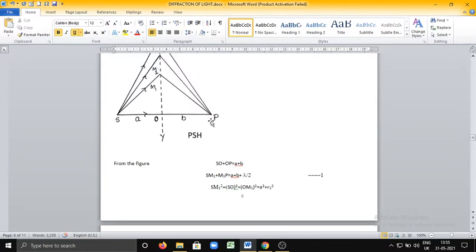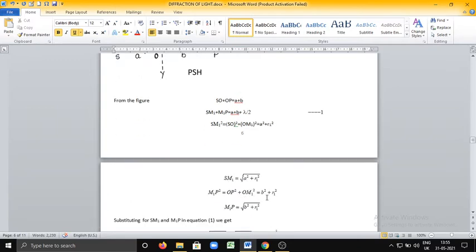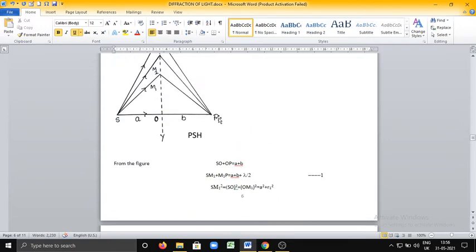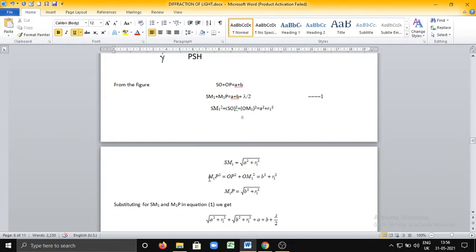Similarly, M1P whole square is equal to, by using Pythagoras theorem, OP square plus OM1 square. That is b square, since OP is b, and R1 square. Therefore, M1P is equal to square root of b square plus R1 square.